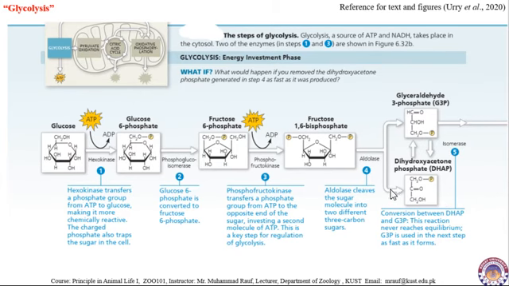So remember, in the beginning we said that there are 3 phases of glycolysis. The first is the energy investment phase, and this is the second phase. Now the 6-carbon molecule is split up into 2 molecules of 3 carbon each, and remember, these two are isomers of each other, and this process is a reversible reaction.